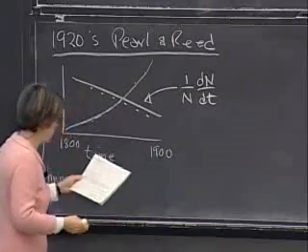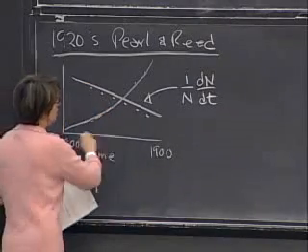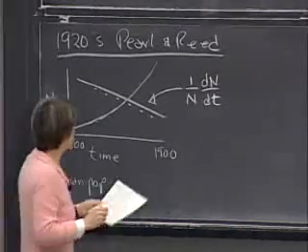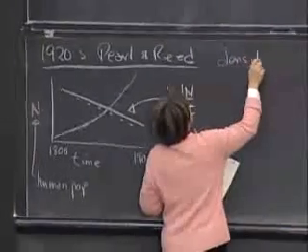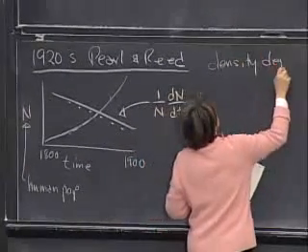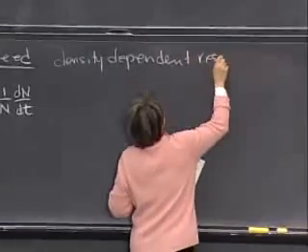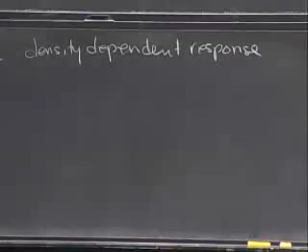In other words, the actual growth rate of the population was decreasing as the number of humans increased. And this is called a density-dependent response. Okay?